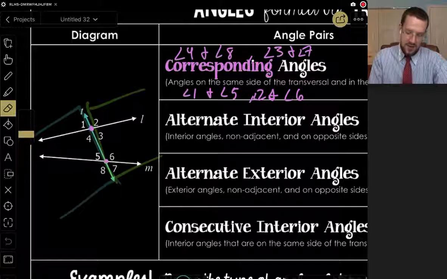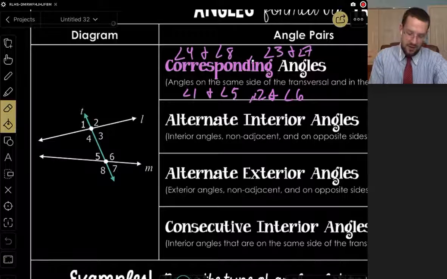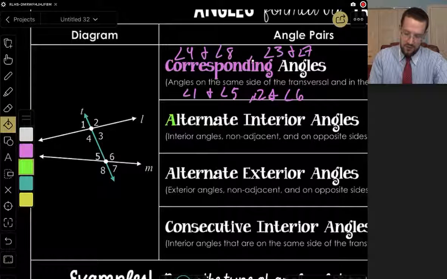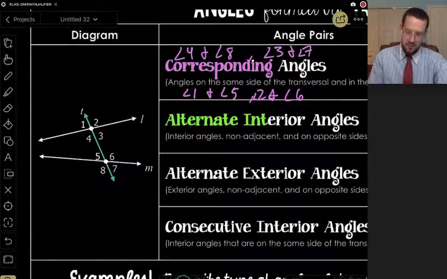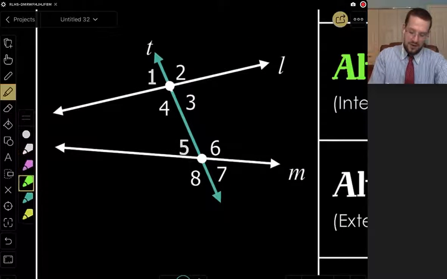Okay, so the next thing we're going to look at is alternating interior angles. This is a huge deal in this course. These show up everywhere. We call them alternate interior. So what we want to do is look at this figure and think about where is the interior.